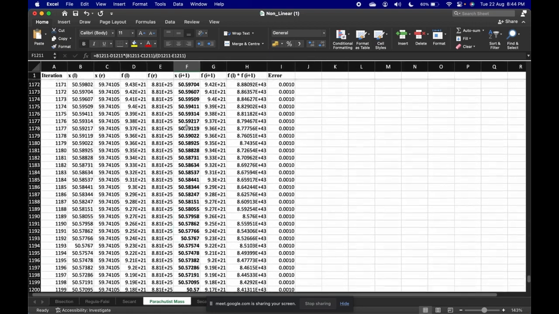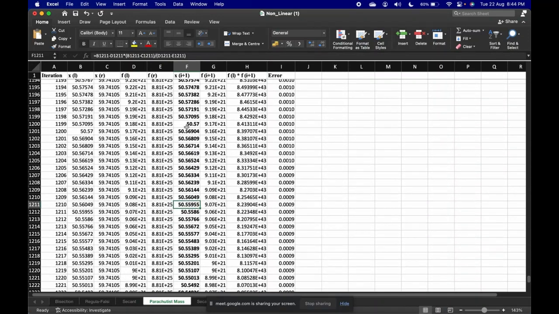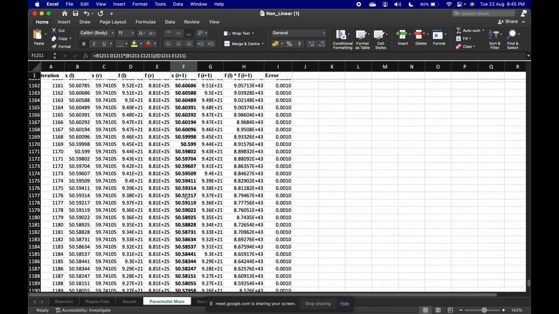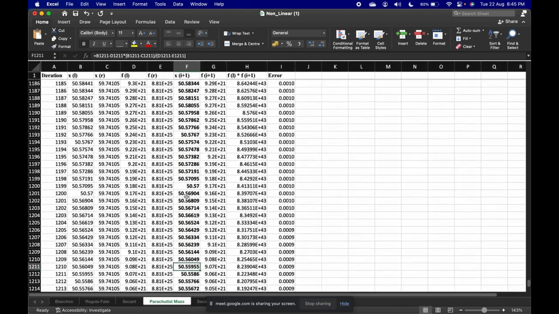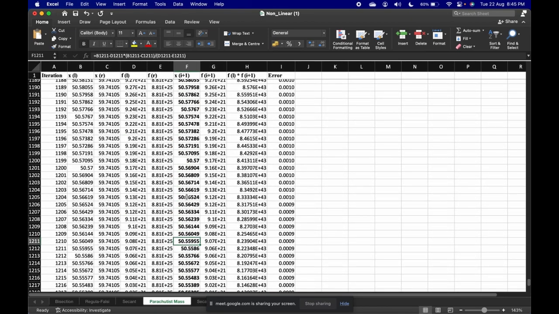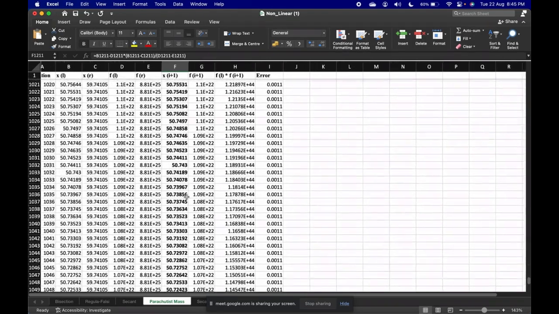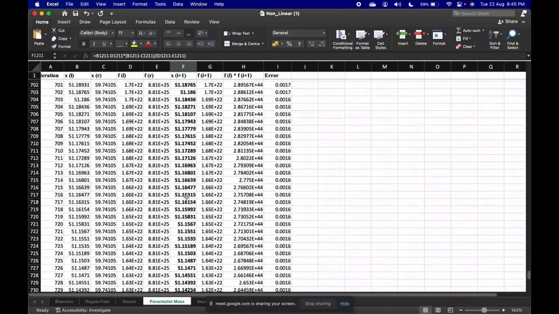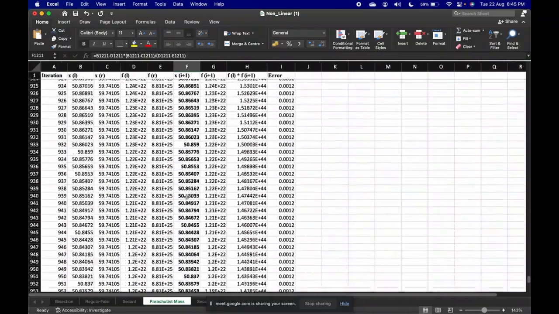So you could have stopped it earlier also. This depends on the physics of your problem, your understanding of the problem. So 50.6 or 50.5 is a correct answer in this case, according to your physics and understanding of the problem.